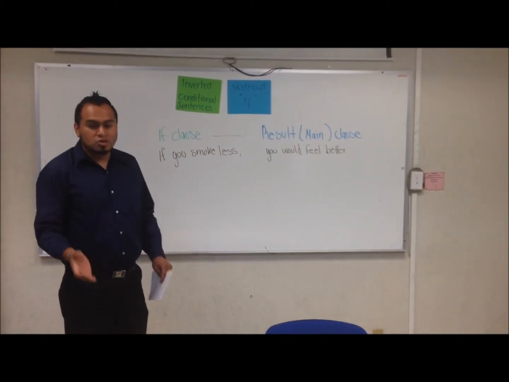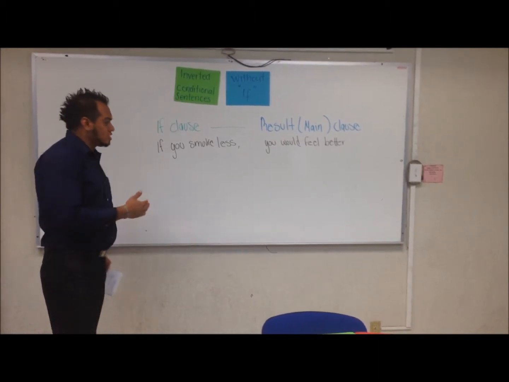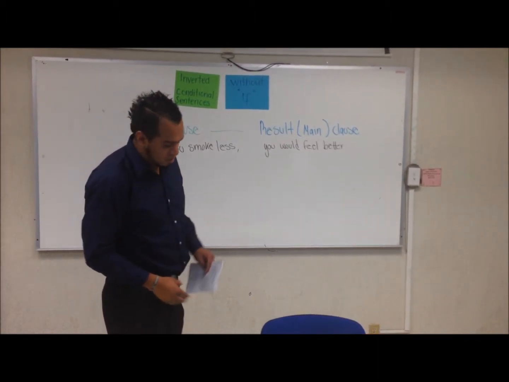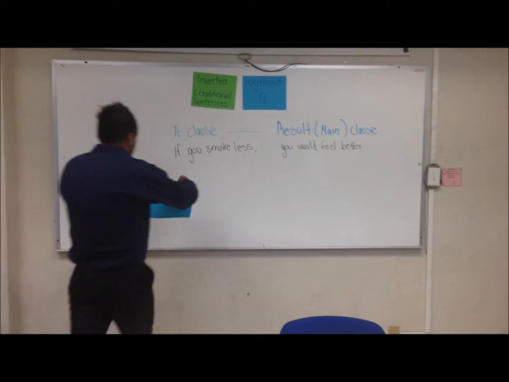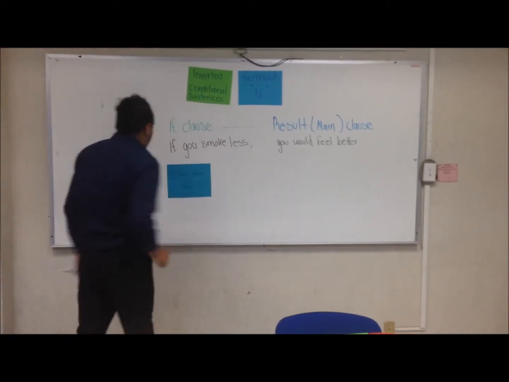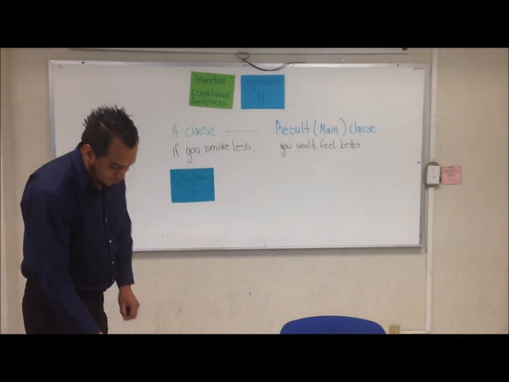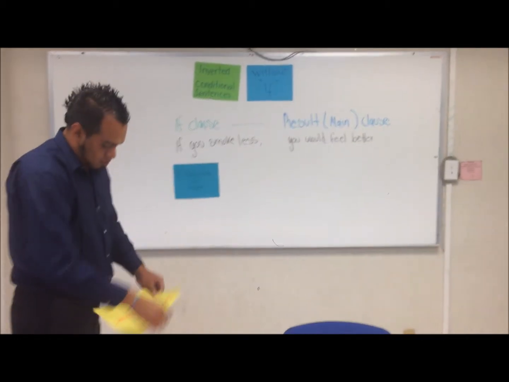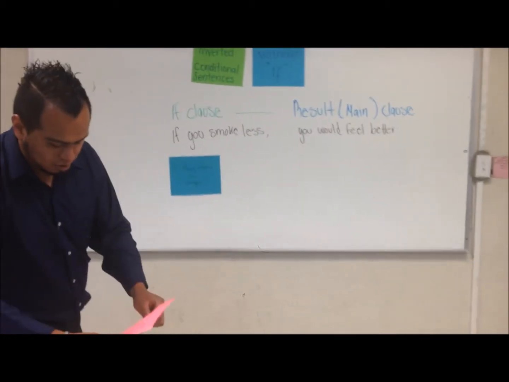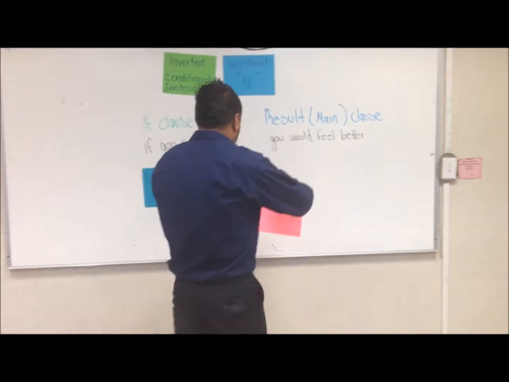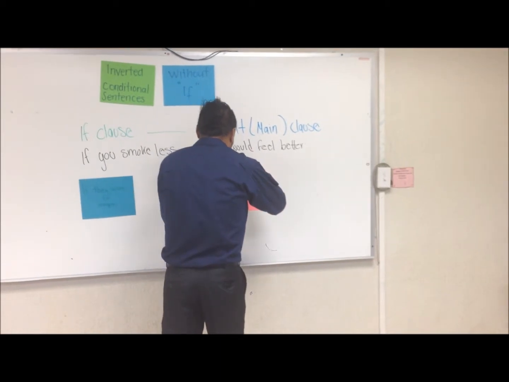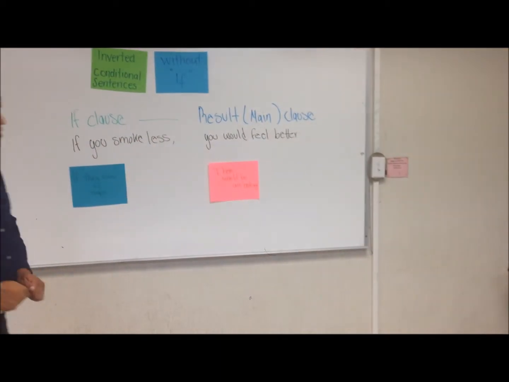So now here is our example of how to invert these sentences without using the if. First, we have our if clause, which is if you were to escape. Here we have our result. There will be an outbreak.